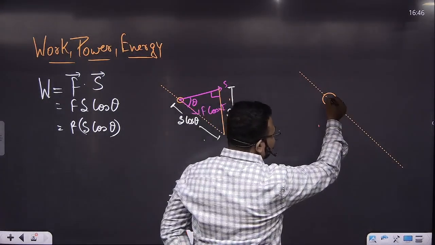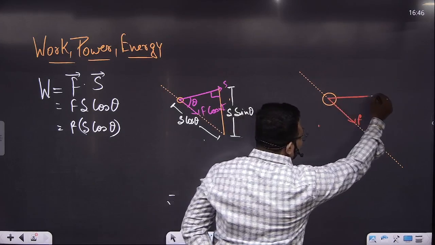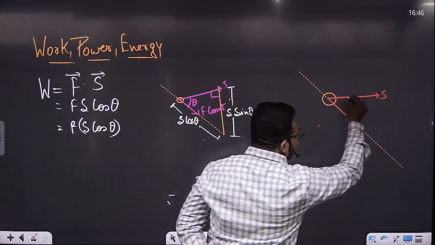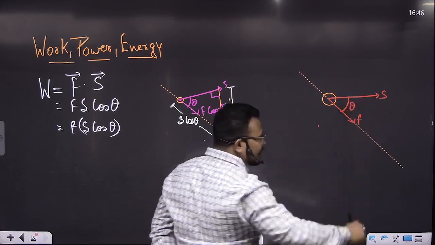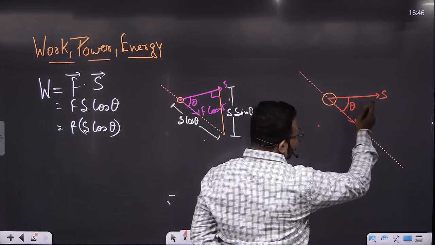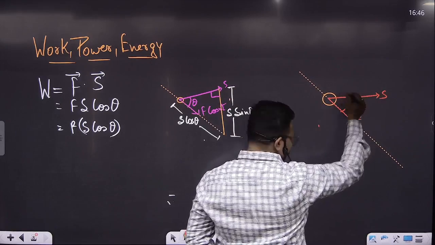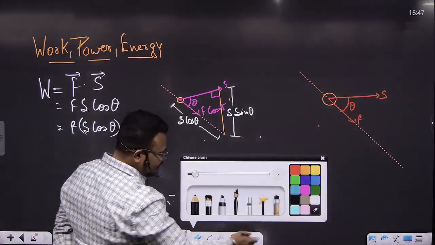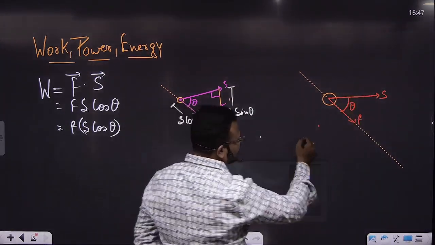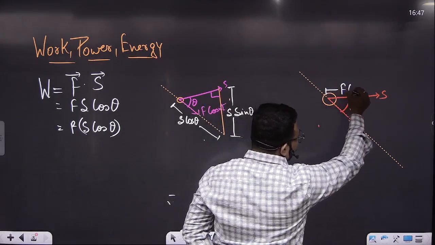I am applying force F Newton like this, and S is applied like this. The angle is theta. Now if I break the component of F, in the direction of S it will become F cos theta.